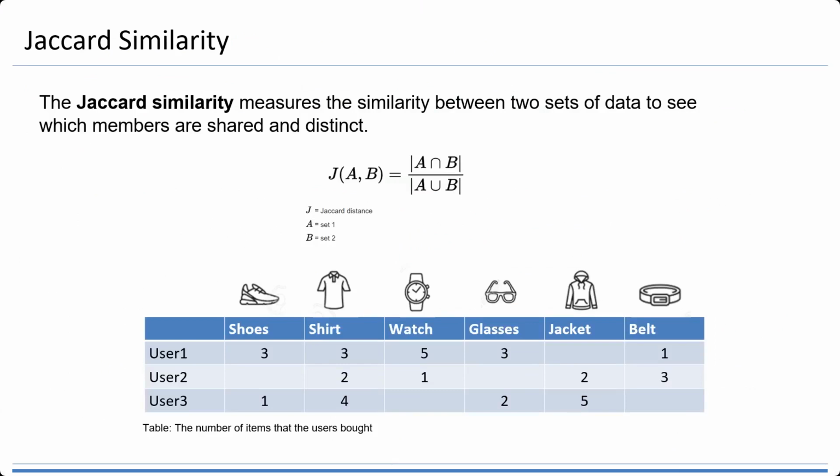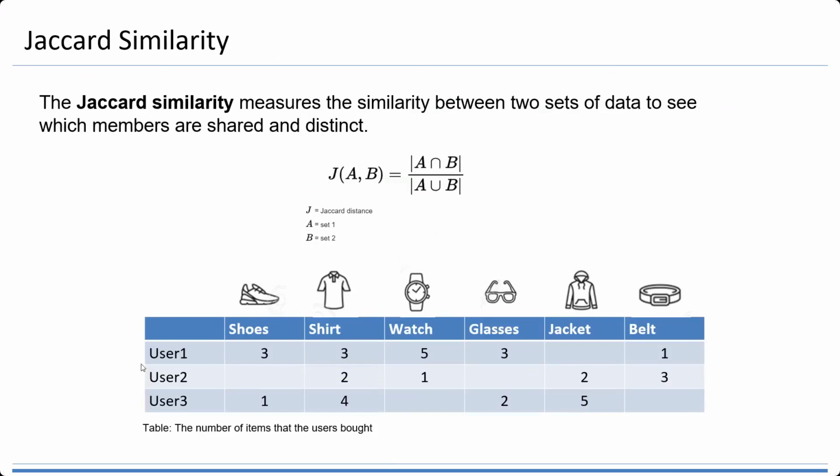So there are other kinds of similarity, like Jaccard similarity. In the Jaccard similarity, we want to measure the similarity between two sets of data to see which members are shared and distinct.